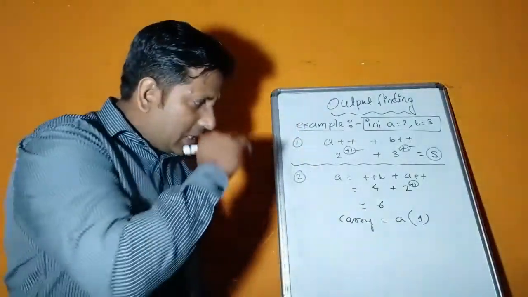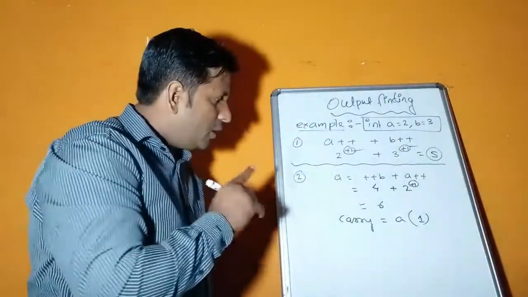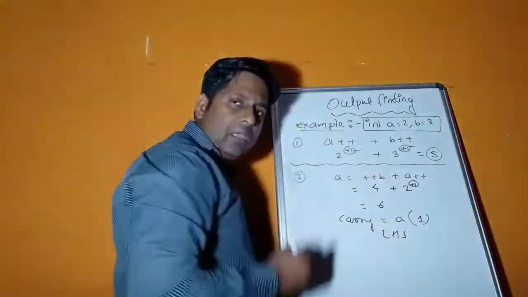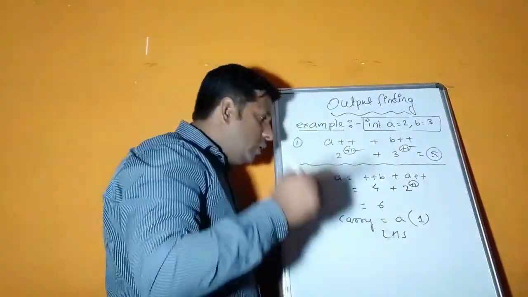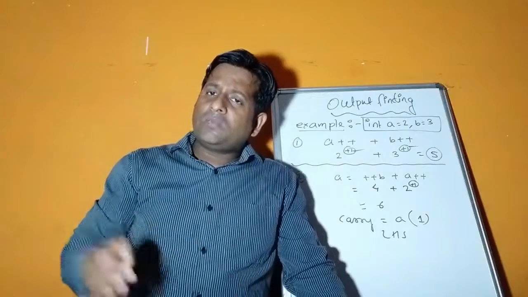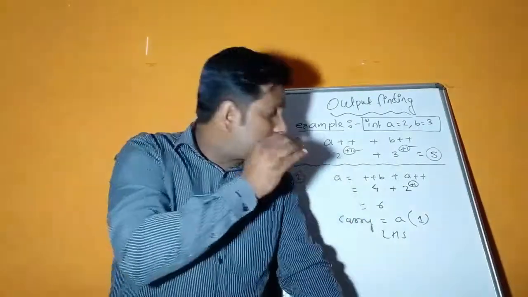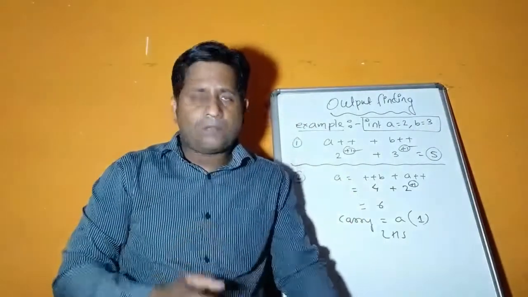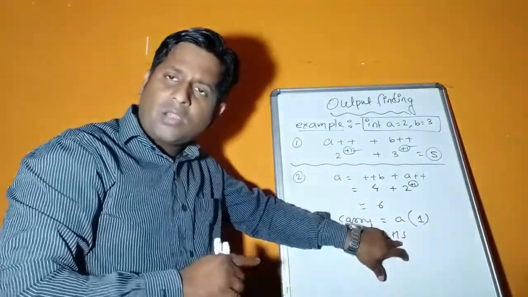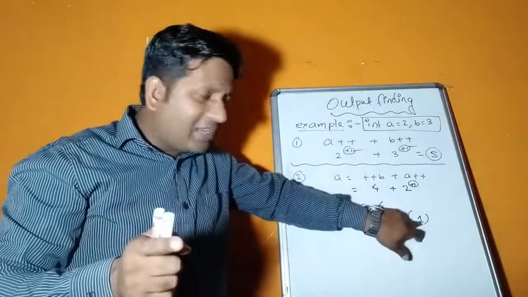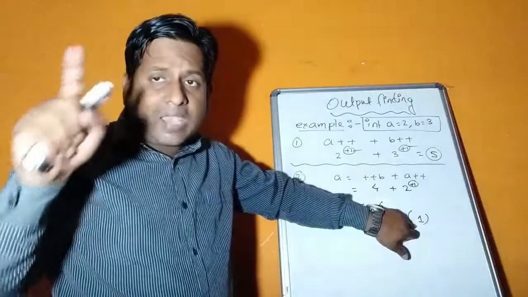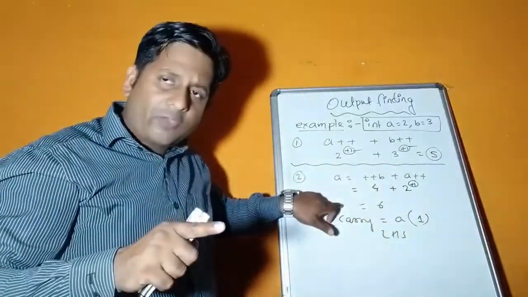So whenever there is a carry and you have an equal to sign, that means you have LHS. In such case, you need to check whether the left hand side variable is the same variable whose carry is there. Whenever you get a carry and there is an LHS part, you need to check the carried variable. The variable should be same as the LHS.